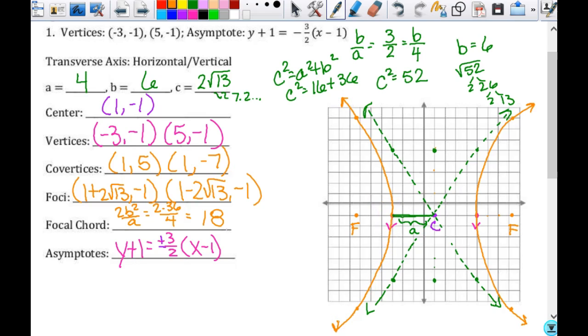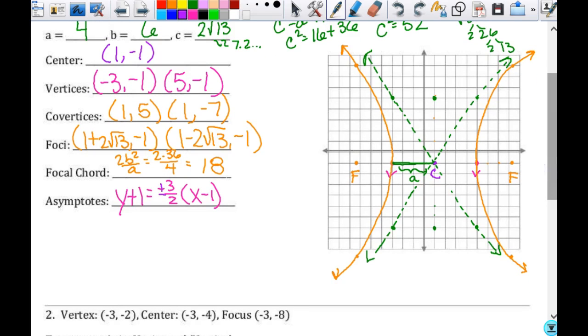And there's your graph, and we got everything we needed, except what don't we have? The equation, yes. That's something else that some of us were leaving off there. So in order to do this, I know it's fraction minus fraction equals 1. It opens left or right, or left and right. So my x is first, and it's going to be x minus 1 squared, and y plus 1 squared.